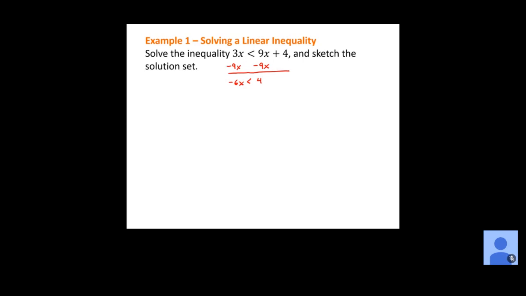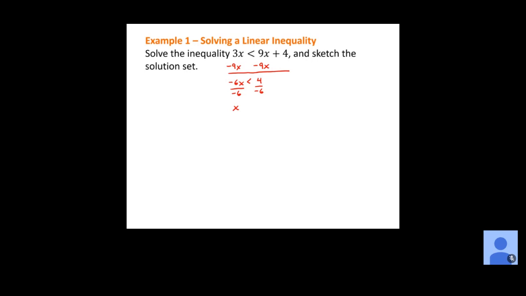Okay, good. Divide by negative 6. So divide both sides here by negative 6. That's going to give us our x value. What's our sign going to be? Right.